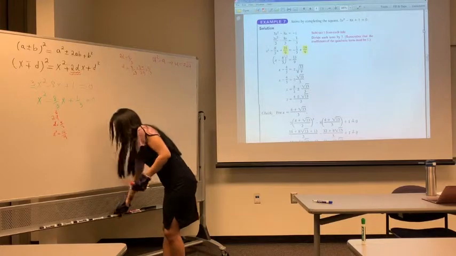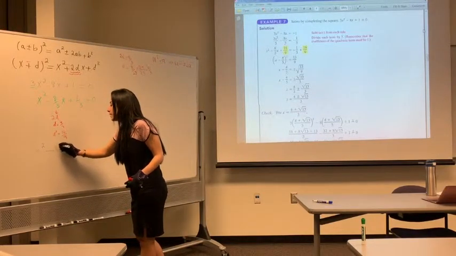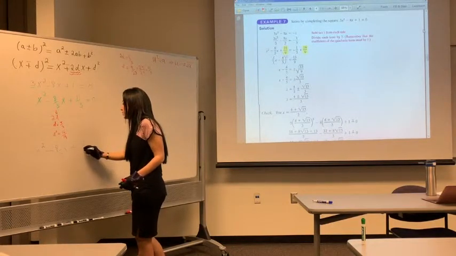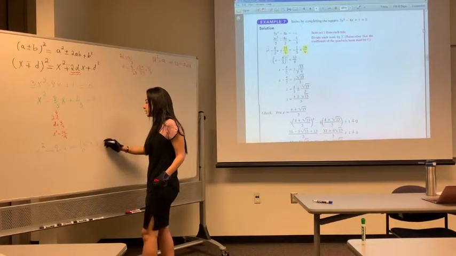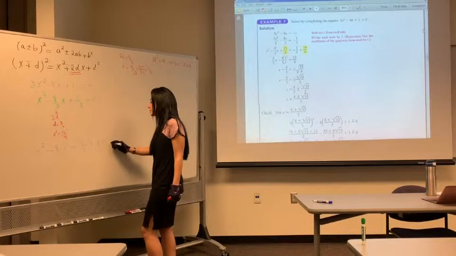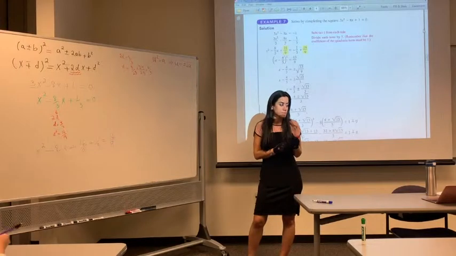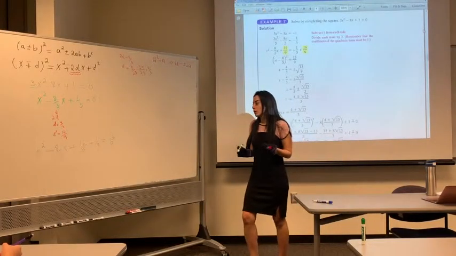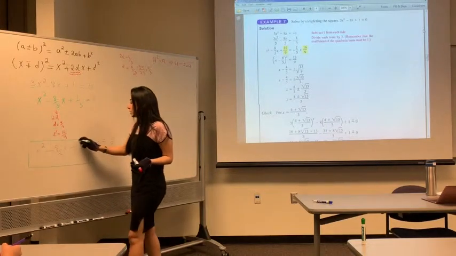So we will have x squared minus 8 over 3x plus 16 over 9 plus 1 over 3 is equal to 16 over 9. Am I correct? So you will definitely know what this one is.